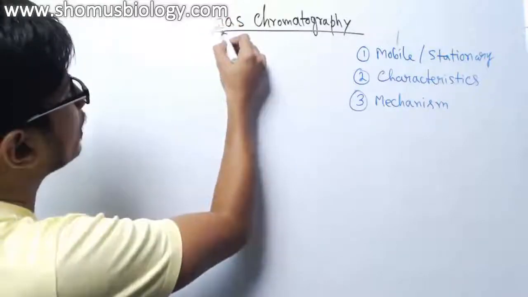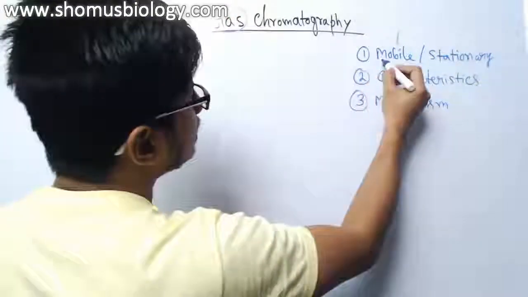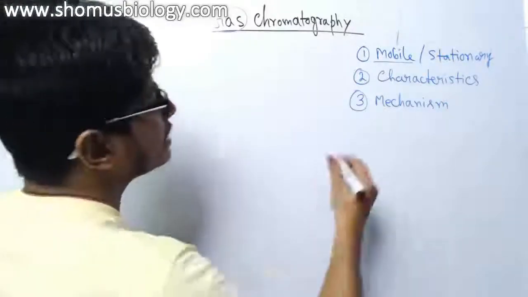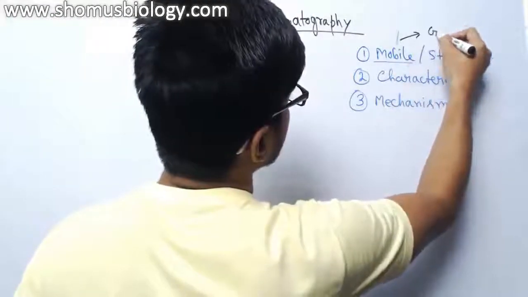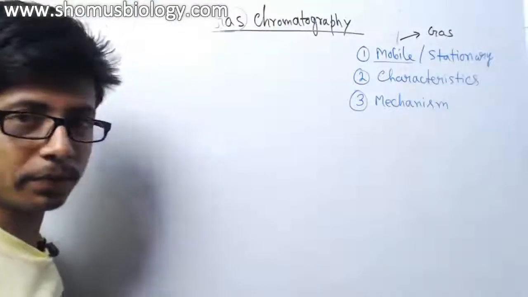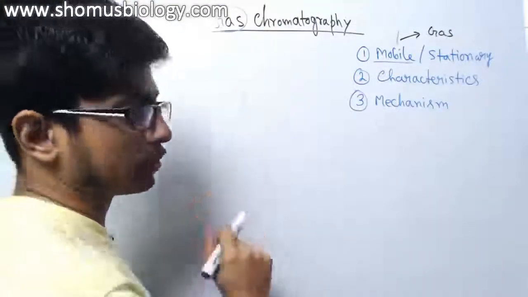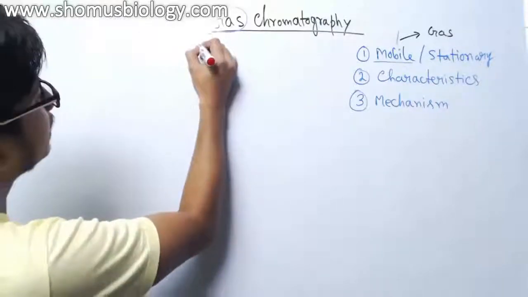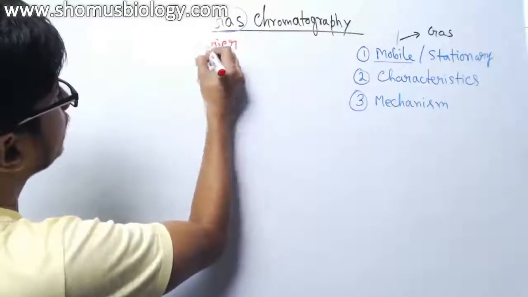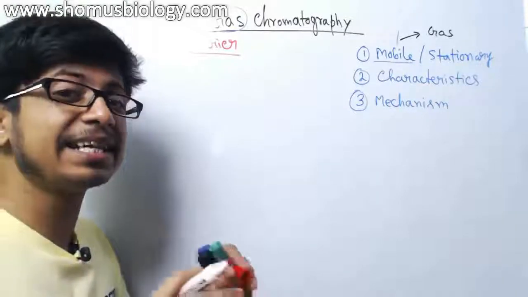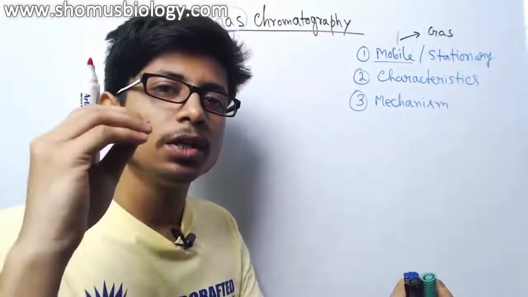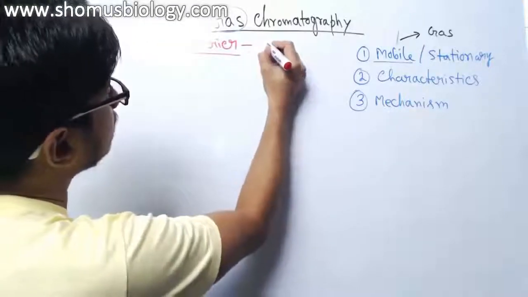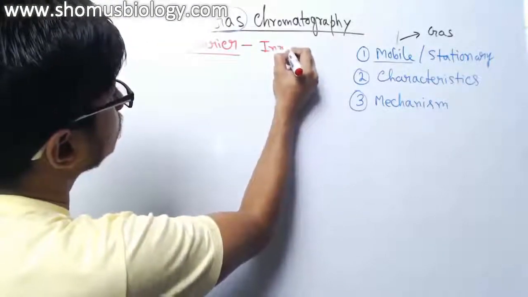This is called gas chromatography because gas is taken as the mobile phase. Gas is used as a carrier for this chromatography. That's why we call it gas chromatography, because the mobile phase is called the carrier gas. Normally the gas that acts as a carrier of all those chemical molecules that we want to separate is an inert gas.